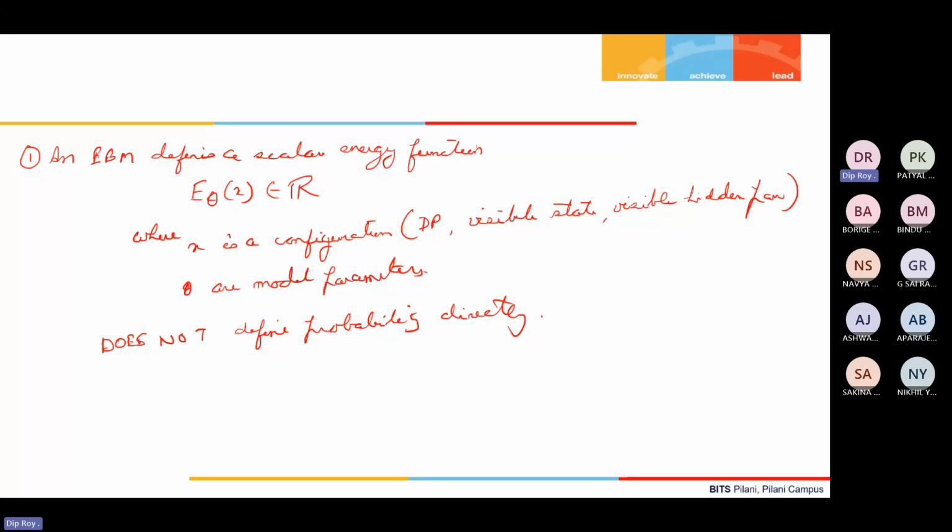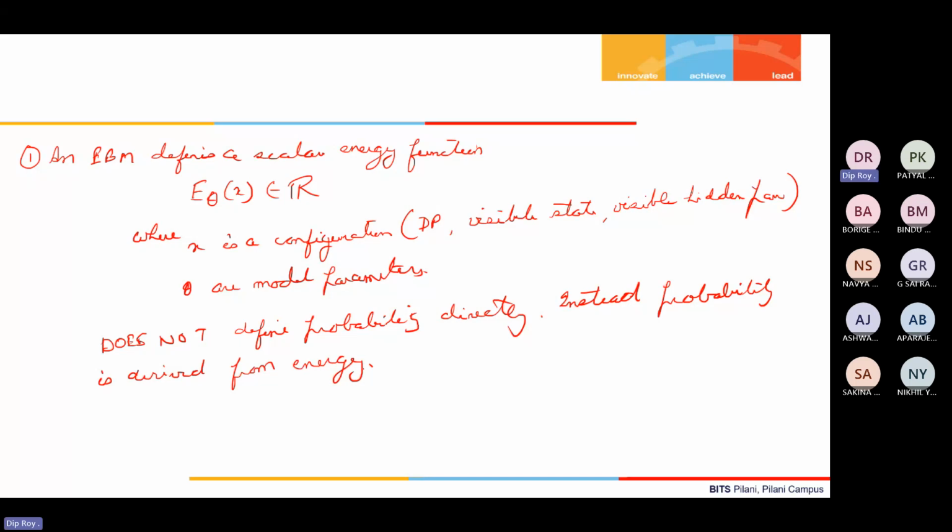Instead, probability is derived from energy.